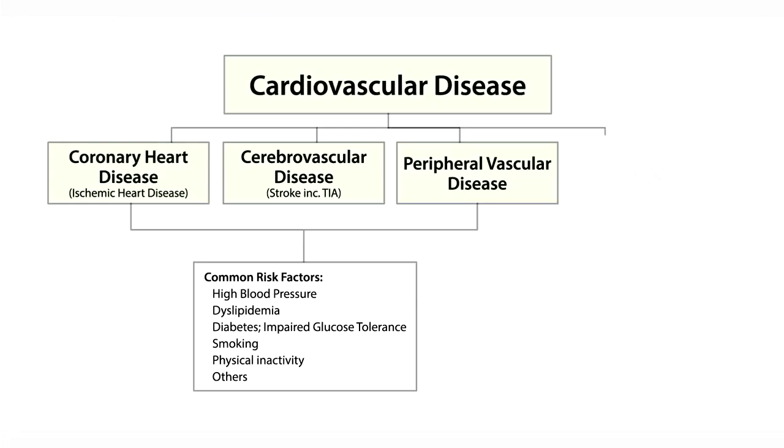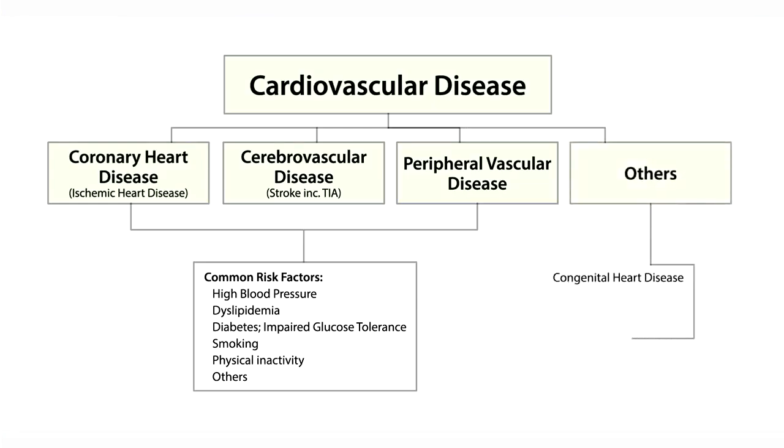There are other forms of heart disease like congenital heart disease, which are cardiac malformations present at birth and which can manifest at different periods of life. Then you also have heart muscle disease, which are basically cardiomyopathies.